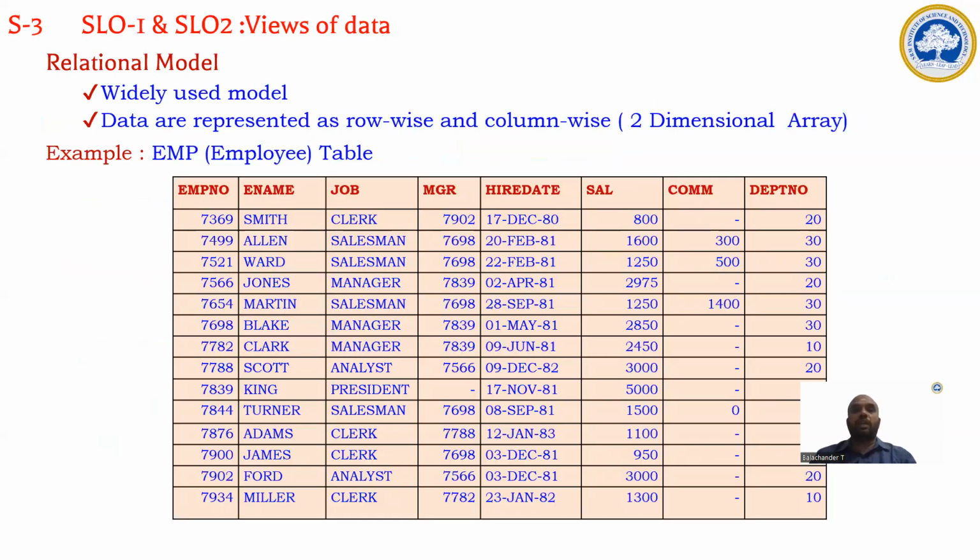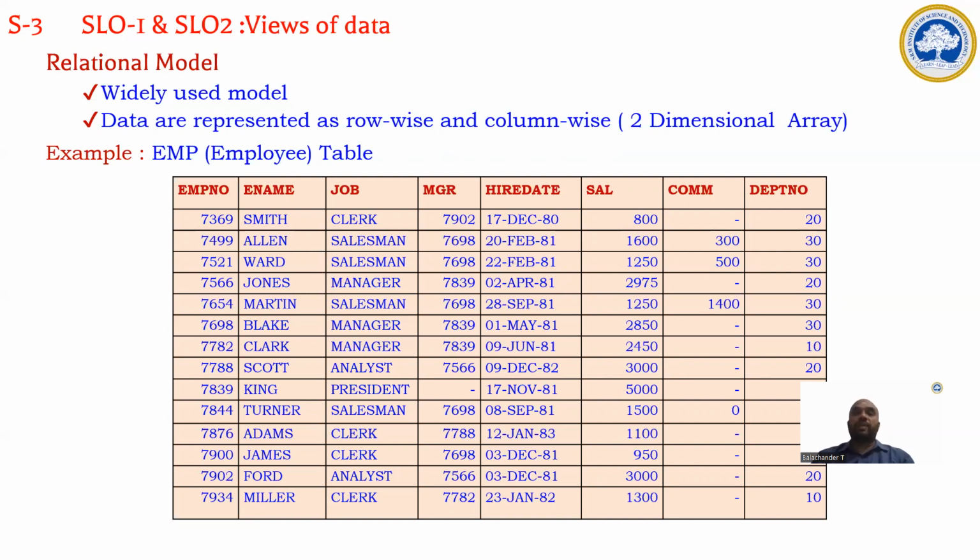The relational model uses a collection of tables to represent data and its relationships. Each table has multiple columns, each column has a unique name, and the tables are known as relations. The relational model is an example of a record-based model. Each table contains records of a particular type, and each record defines a fixed number of fields or attributes.